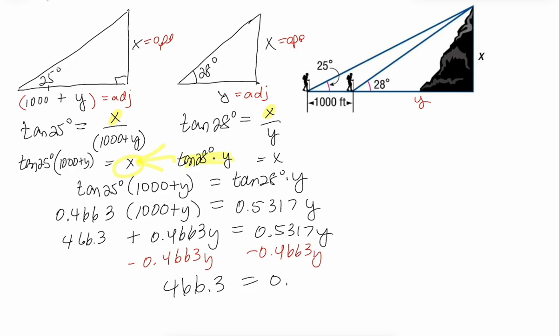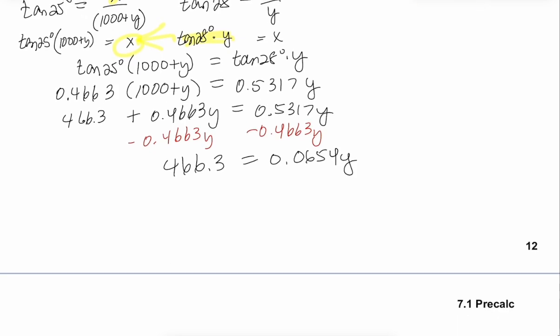Let's see if that's right. Oh, sorry, my calculator's in a funky mode right now. Okay. 0.5317 minus 0.4663 is 0.0654y. Now to solve that for y, just divide.